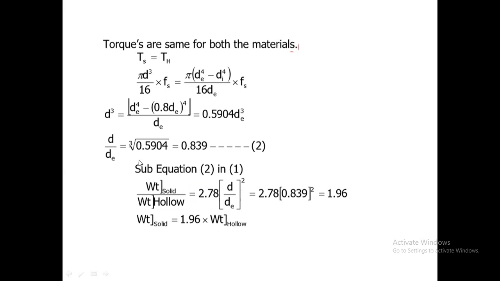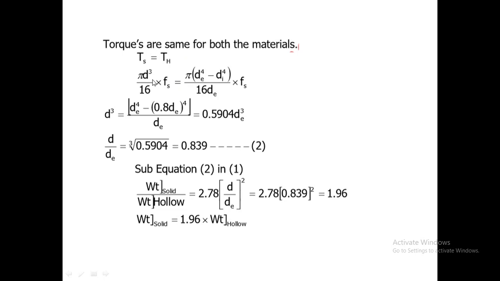Since the torque is the same, we don't know the values of the diameters. So now we will take one more condition, that torques are the same for both the shafts. So again we go to the torsion equation and we express the torque in terms of shear stress and the diameters. Since the metal is the same, the shear stress will be the same for both the hollow shaft and the solid shaft.